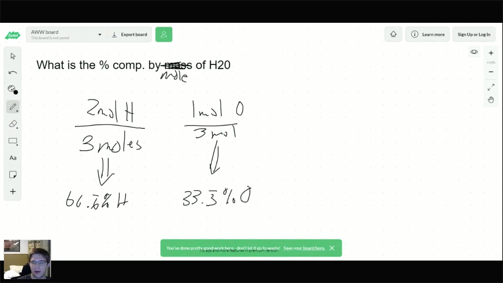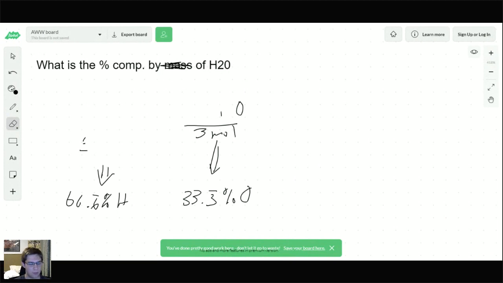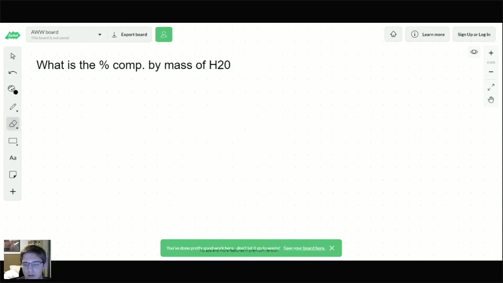I know I rushed through that really quickly. Basically, it's just looking at the total number of moles of particles and dividing by the number of moles of a certain thing. Does that make sense? Again, I can talk about it in more detail if you want. I'll check back to see if you're doing all good.